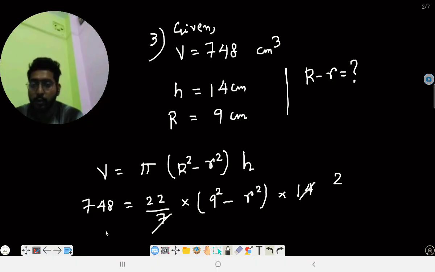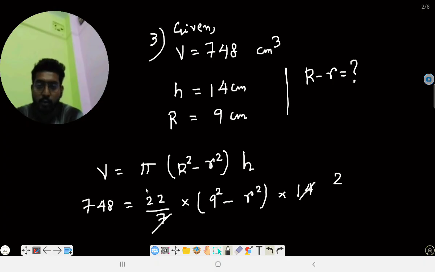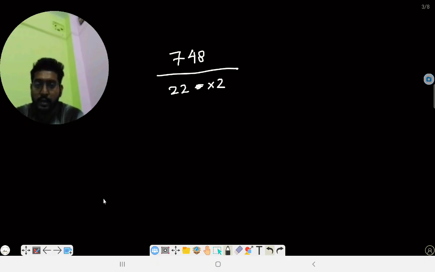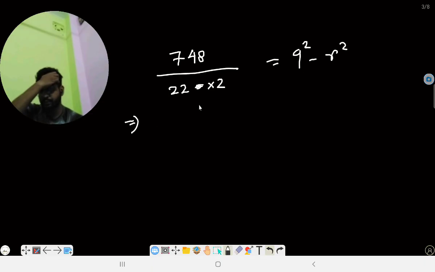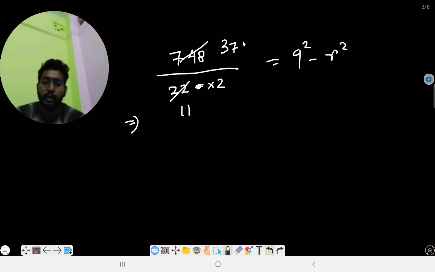Done. Now this 22 will go there, that means it will be 748 by 22 into 2. Because there we can see there is a 22 and there is also 2, so that will go there, and it will be 9 square minus small r square. Now calculate this one, we'll get the value here. By 2 it will be 11, by 2 it will be 374.